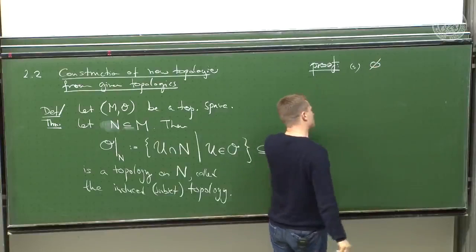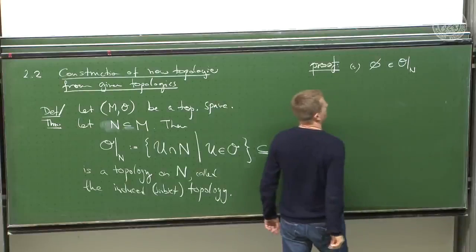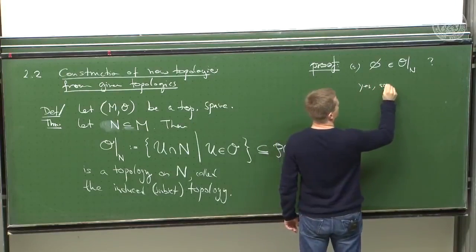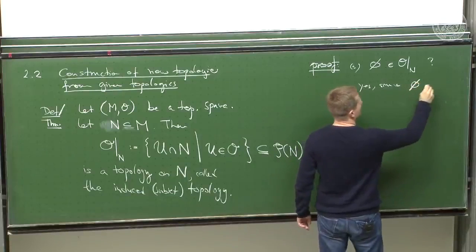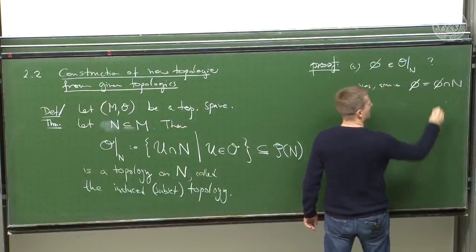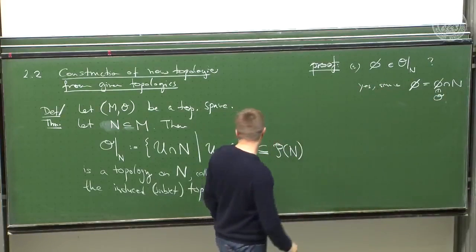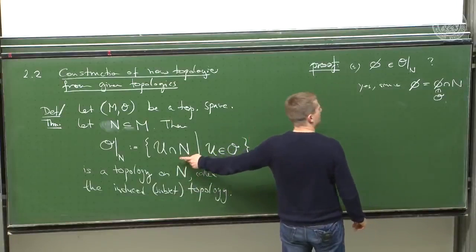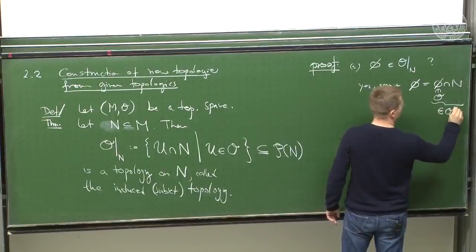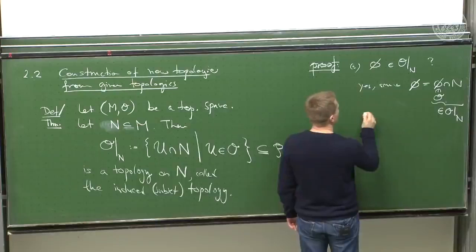You ask whether the empty set is in the topology induced on N. And the answer is yes, it is, since you can write the empty set as the empty set intersected with N, but the empty set is certainly an element of the topology on M, hence it's a U of this type, hence the whole thing is an element of the induced topology by definition, so the empty set is in there.